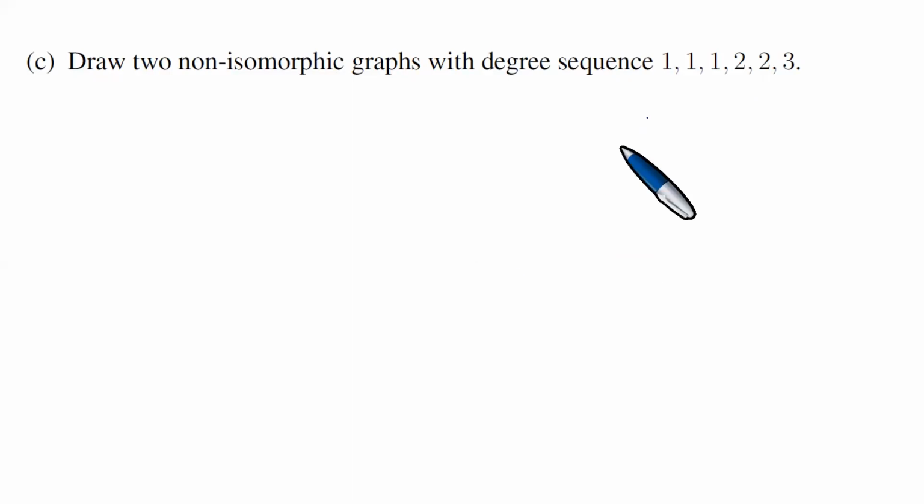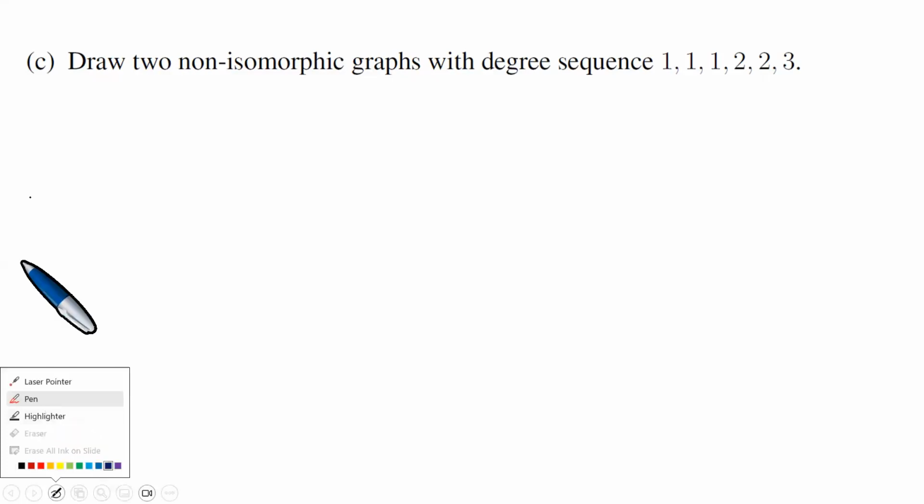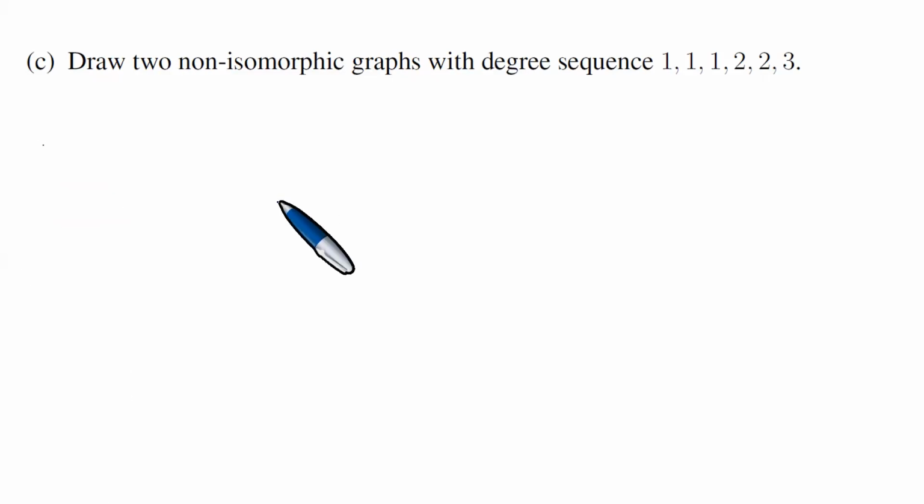So we have degree 1, so we can have degree 1. Identify that accordingly. Here is degree 1, like this. For example, you can always keep trying.